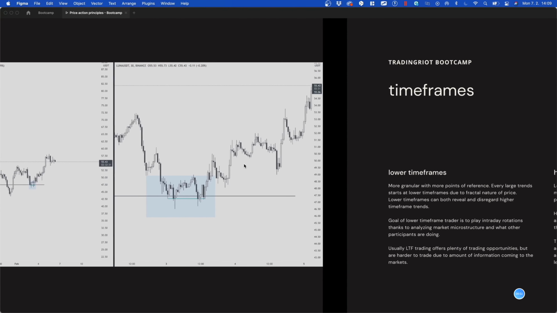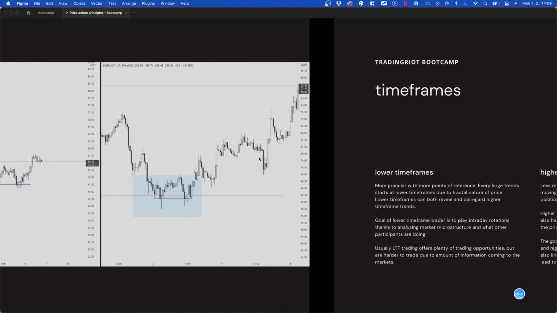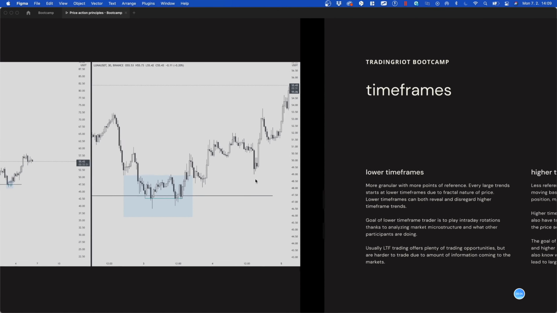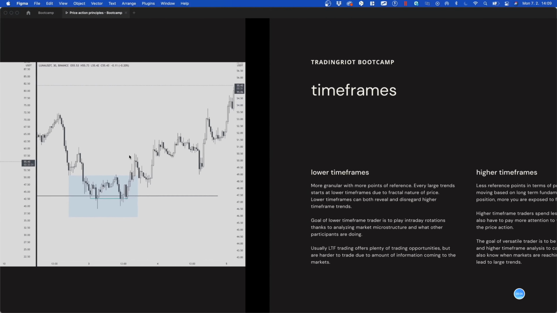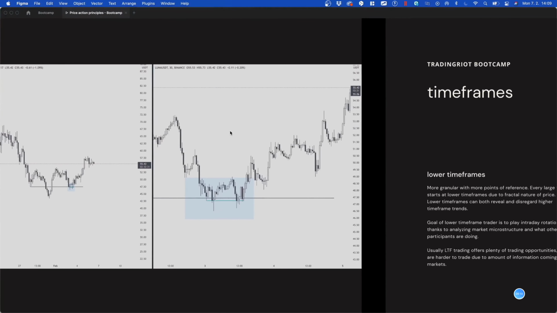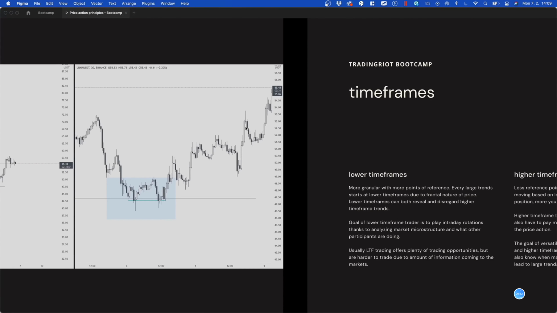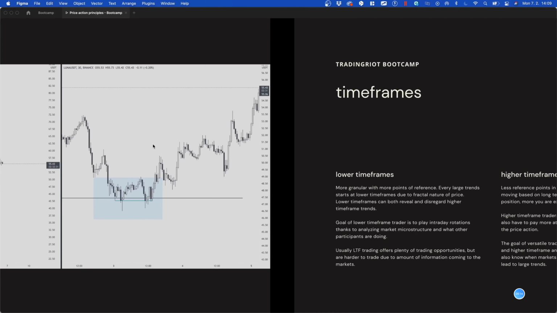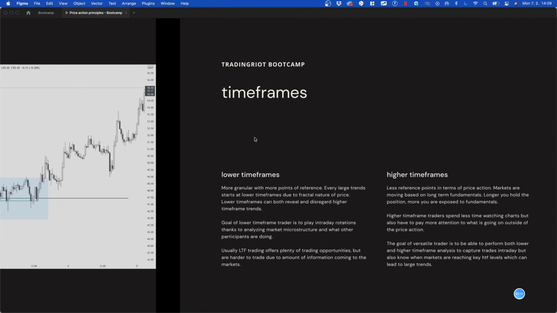With the very simple teachings of market structure, the higher highs and higher lows, a break of structure will happen 10 times on a 5-minute chart during the day, but this doesn't mean that the whole trend will change 10 times during the day.